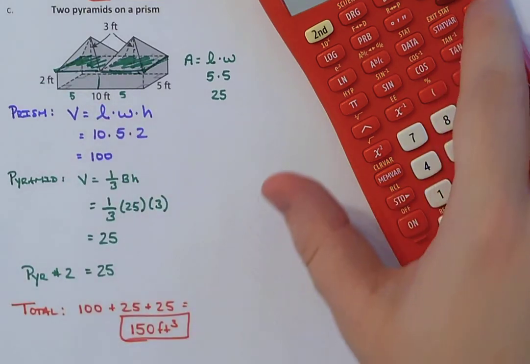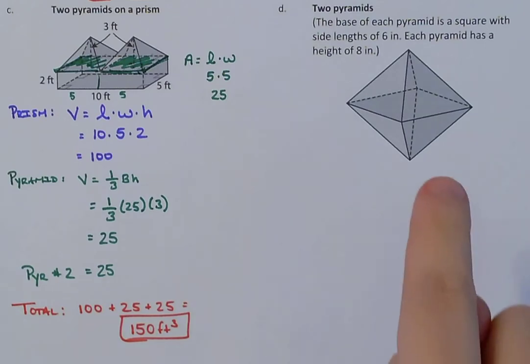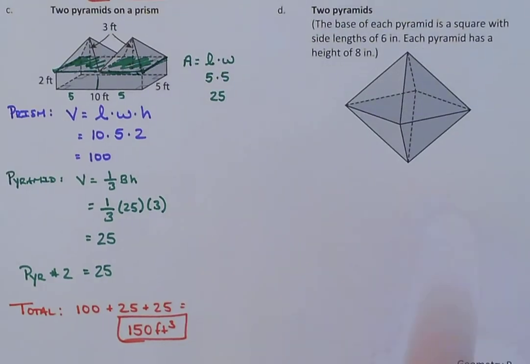All right, now for part D, they give us 2 pyramids. They are the same pyramids on the top and on the bottom. So your goal is to figure out the volume of one rectangular pyramid, which is the same on top as it is on bottom. Then you just add those 2 numbers together, and that would tell you the volume of this composite figure.